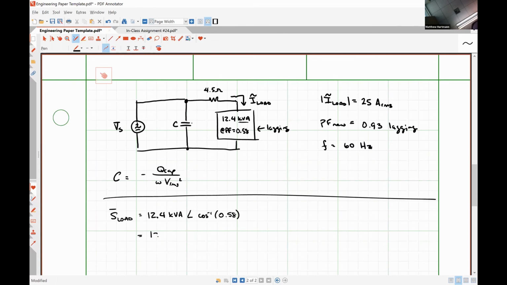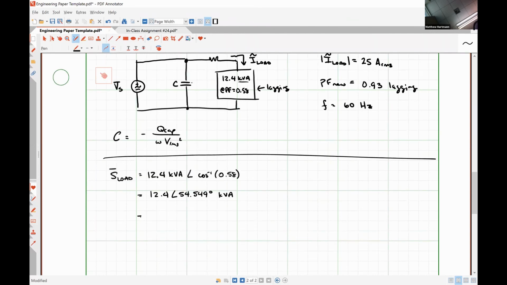That gives us 12.4 angle 54.549 degrees kVA.